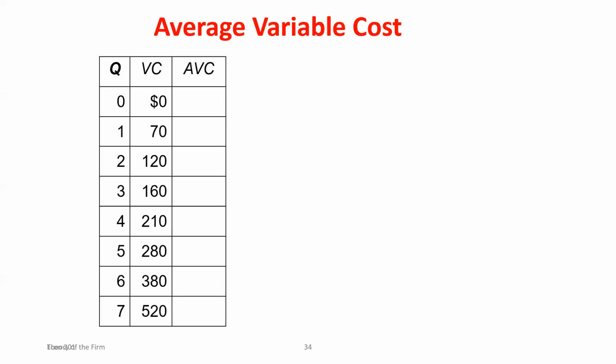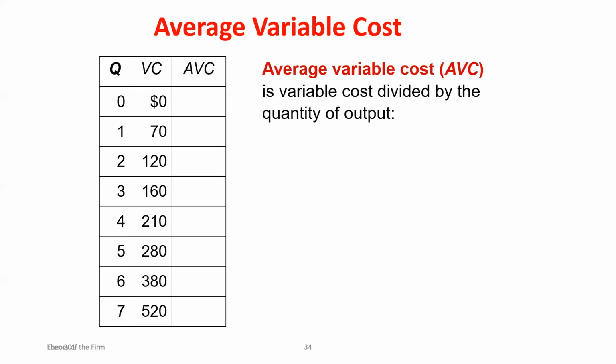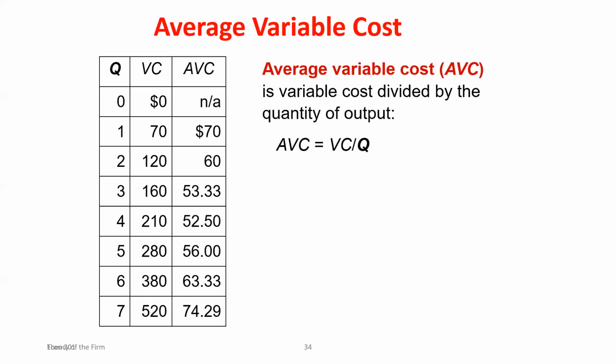Initially my variable costs may be decreasing because of gains from specialization. So I'm thinking about my average variable costs. Notice initially they're decreasing, going from like 70 to 52 as I produce more and more units.